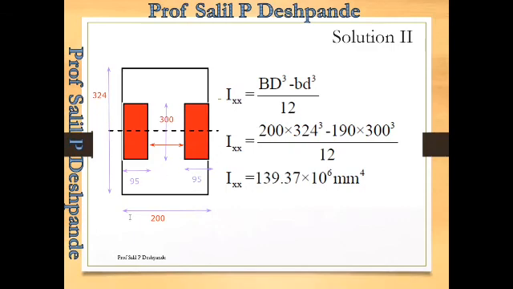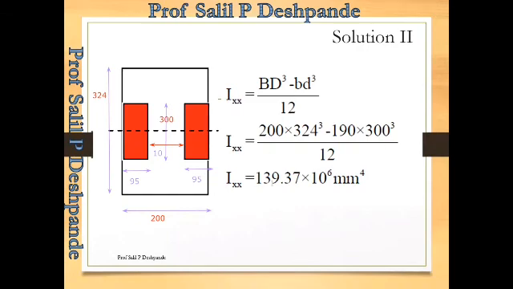So 200 minus 10, I get 190. So B is 200, capital D is 324, small b is 190, that's 200 minus 10, and small d is this depth, 300.